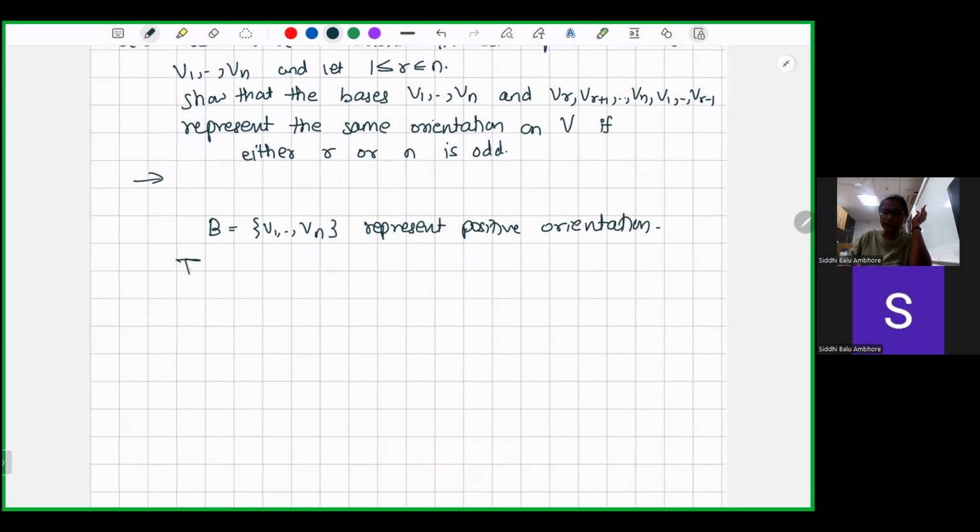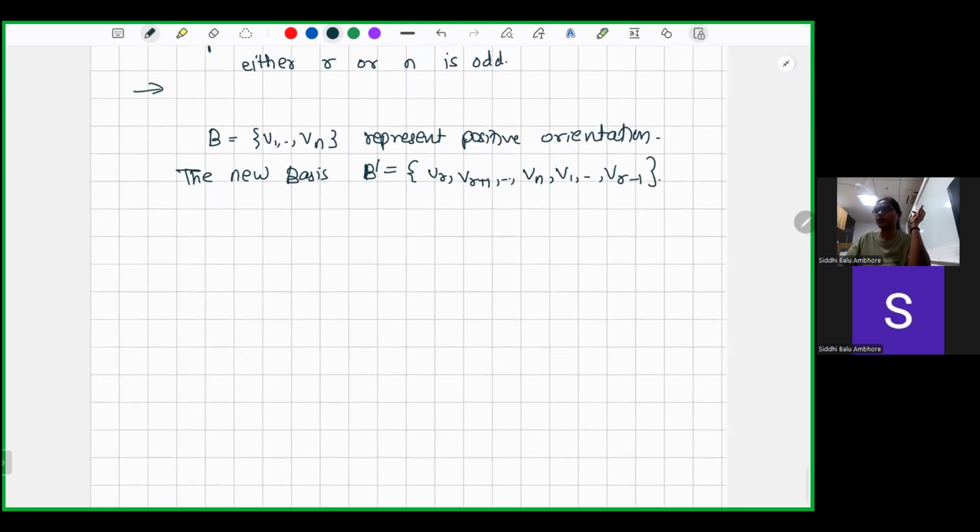And my new basis B dash is Vr plus 1 up to Vn and V1 to Vr minus 1.